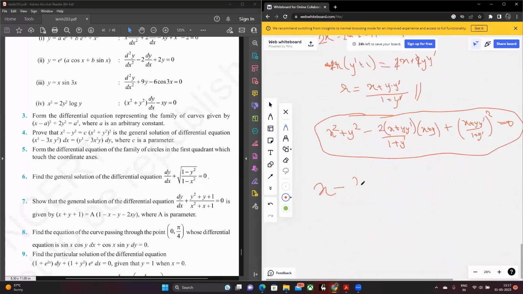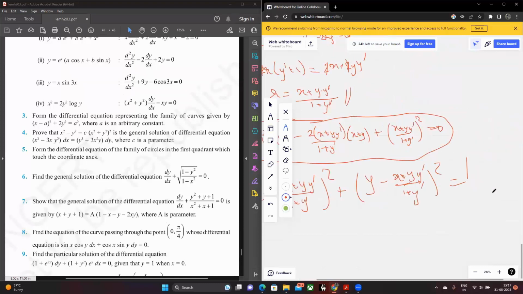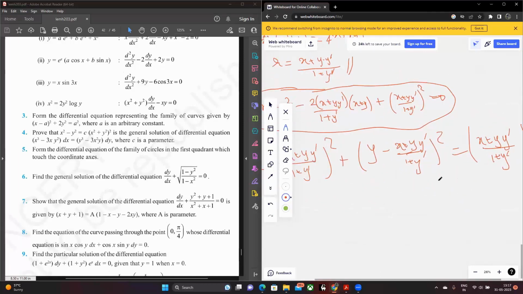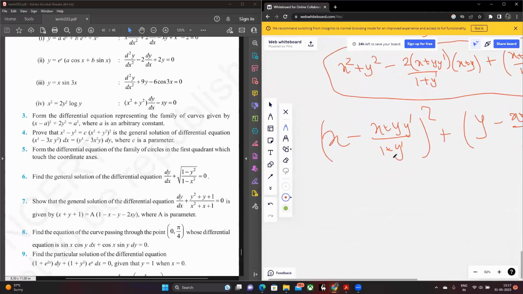Where you get x minus x plus y y dash by 1 plus y dash the whole square plus y minus x plus y y dash by 1 plus y dash the whole square equaling x plus y y dash by 1 plus y dash the whole square, right? Just taking this common, you can see that this x and this x will cancel out.